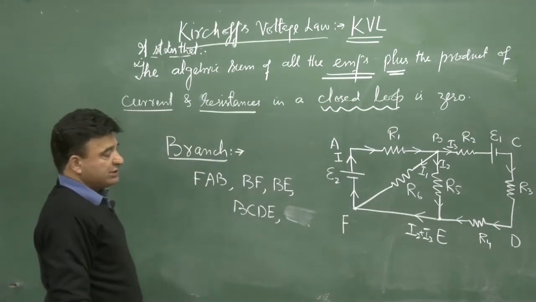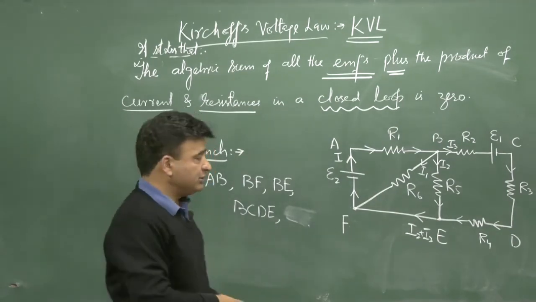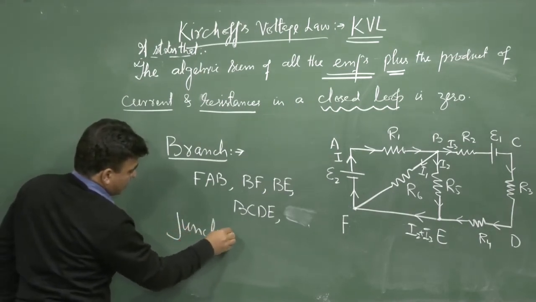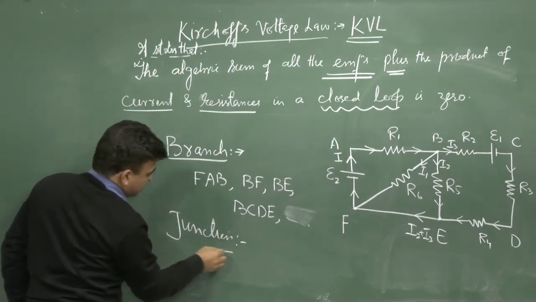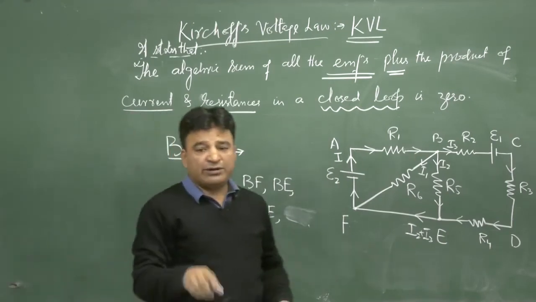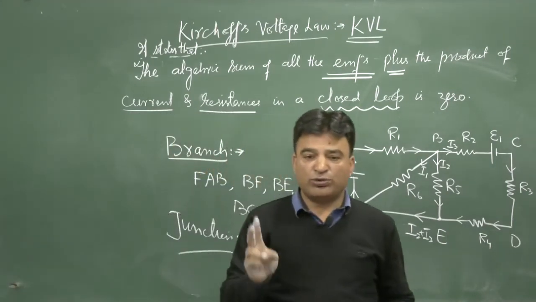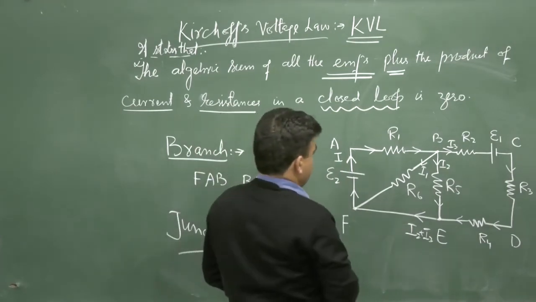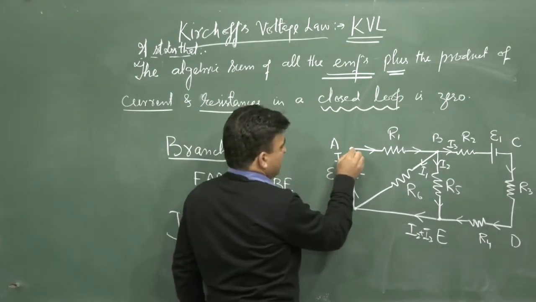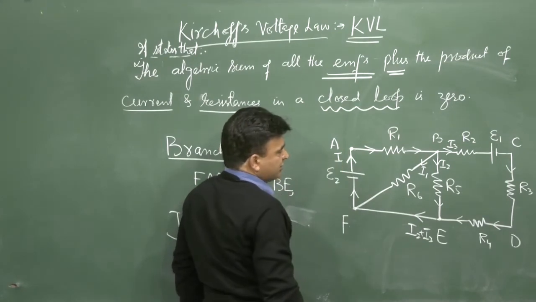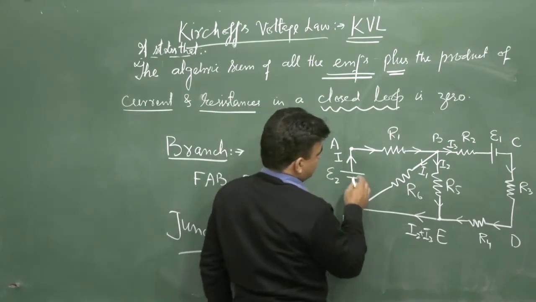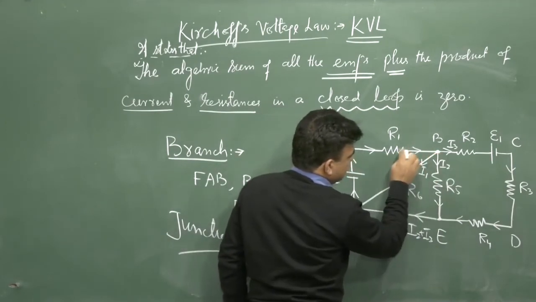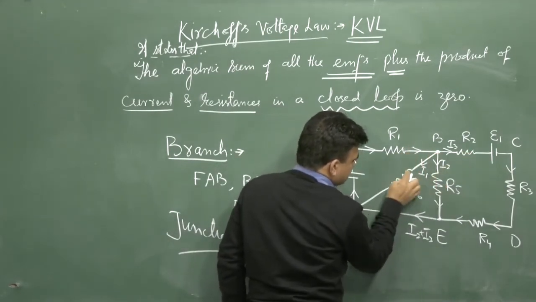Now let us talk about the junction. As I told you, a junction is the point in this circuit where more than two branches meet. Here at point A, there are not three branches or more than two, so this is not a junction. But at point B, this is a branch, this is a branch, this is a branch, this is a branch.